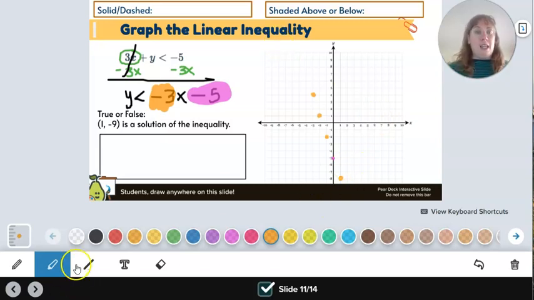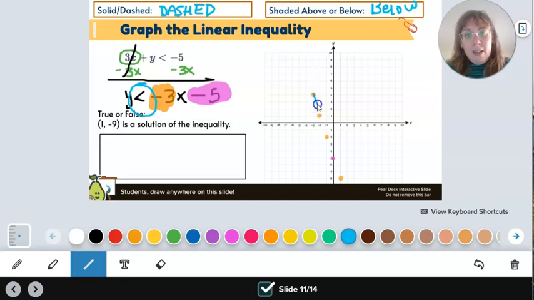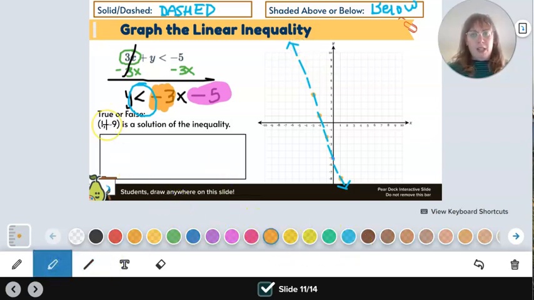And we see our line that is getting formed. This symbol is a less than symbol, so it's going to be dashed since it's less than. And since it's less than, we're going to shade below. So I'm going to make my dashed line something like this. It doesn't have to be perfect. And shading below, well, we're going to test (1, -9), which would be like here.